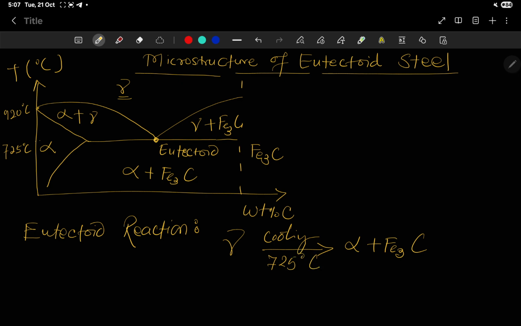Okay, what is the concentration of carbon here? This is 0.8. This point is having 0.02.